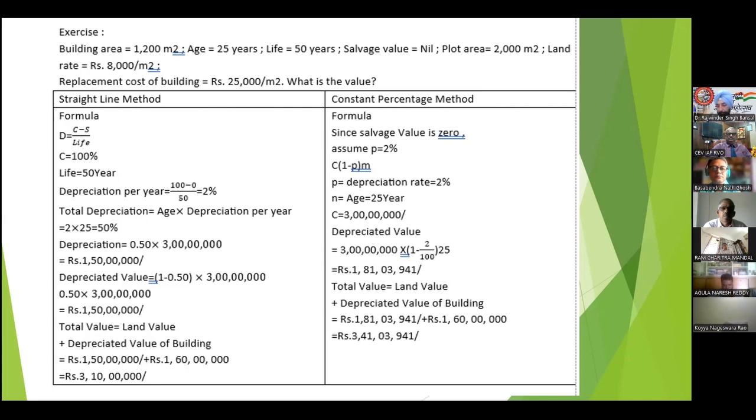Now see, the straight line method will give you the depreciation, that is how much depreciation there is, but it will not give you the depreciated replacement cost directly. But with the constant percentage method, you can directly calculate the depreciated replacement cost in one step. This is the basic difference.